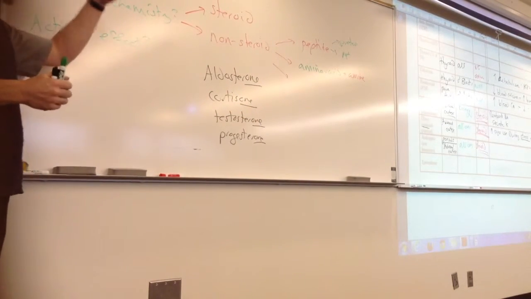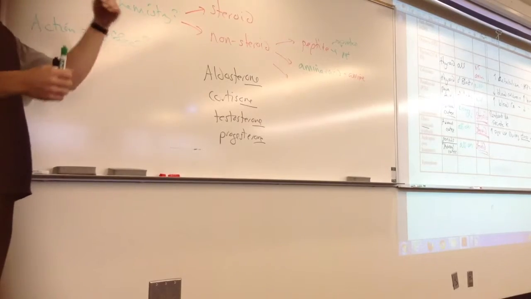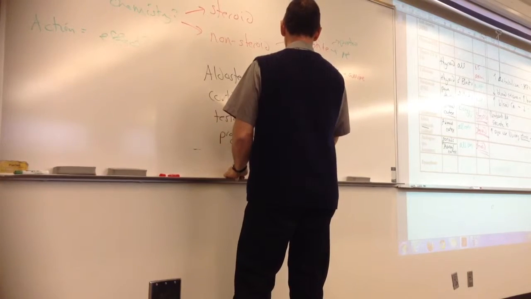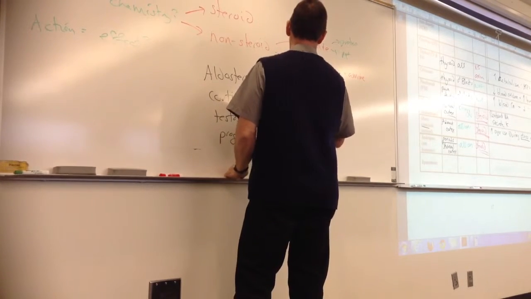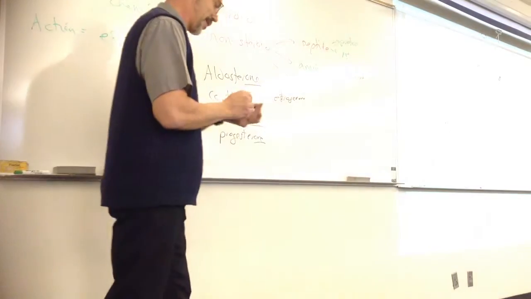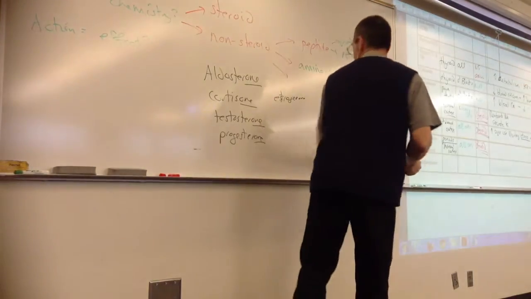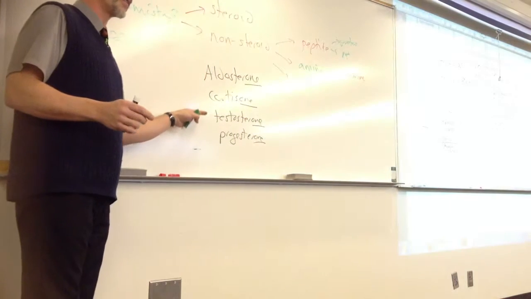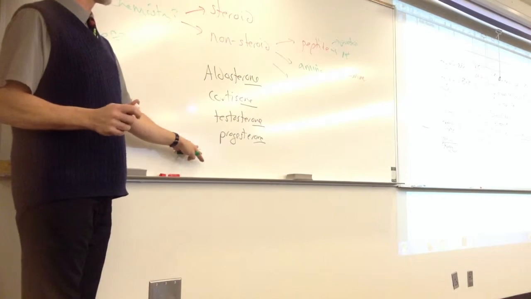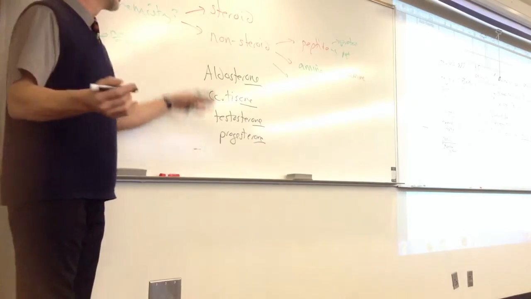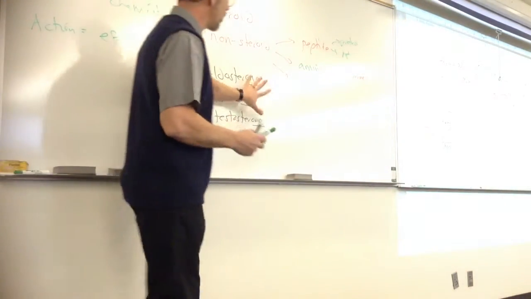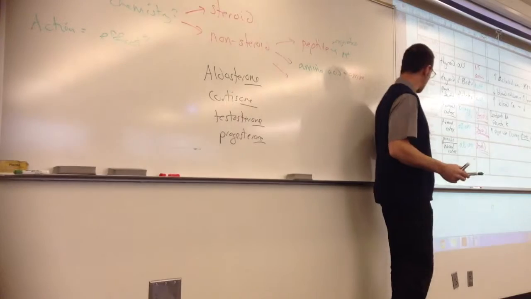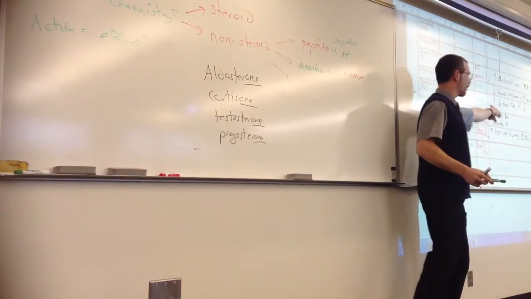So aldosterone, cortisone, testosterone. The only one that falls flat on it is estrogen. But you will see people refer to estrone. Estrogen just falls flat. But most of them have an "-one" ending. Hydrocortisone. So if you see an "-one", or if you see adrenal cortex as the source, you're going to write steroidal.